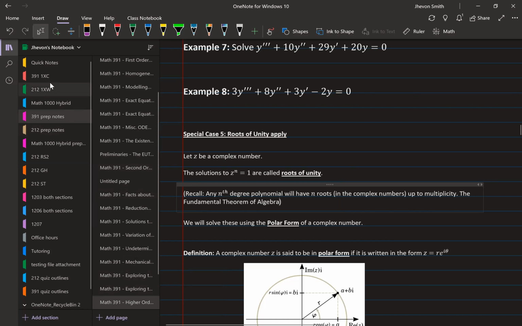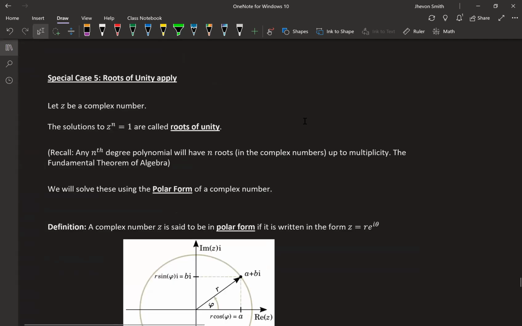It's a very important theorem. It's basically the theorem that tells us that any nth degree polynomial will have n roots up to multiplicity. It's basically saying solutions to a polynomial, we are guaranteed to find them, and we know how many of them there are. And that, by the way, this actually helps us in the existence and uniqueness theorem. I'll talk about that later on. So we know that there are answers, and we know exactly how many of them there are.